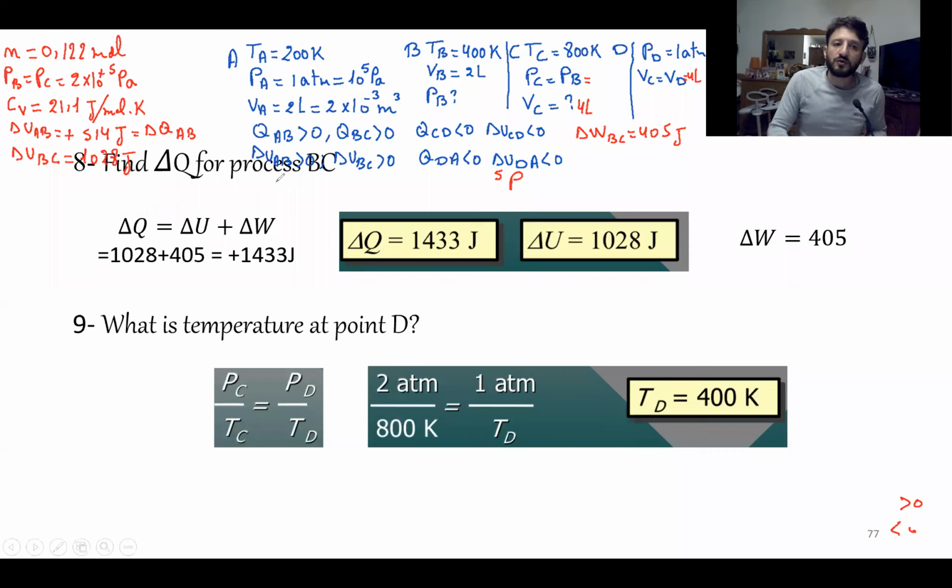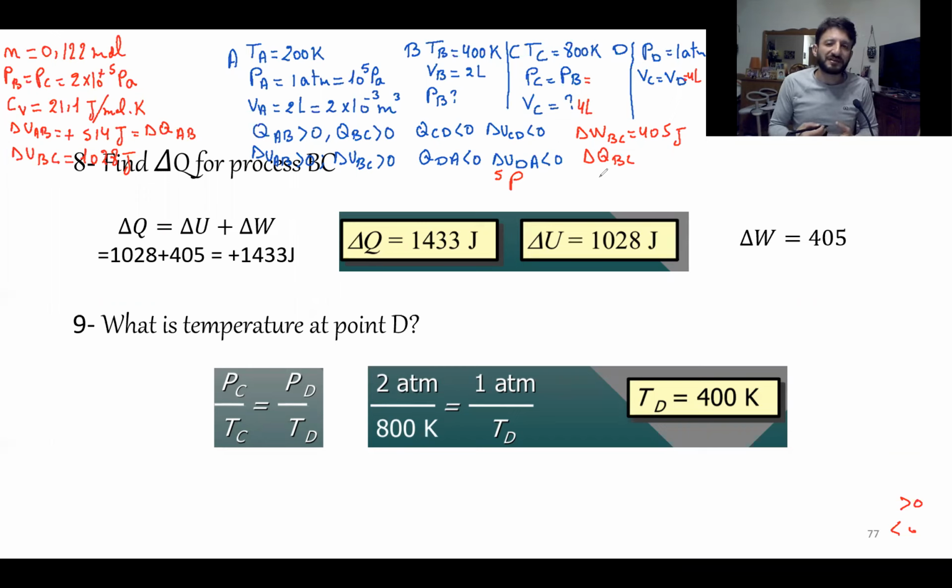Find delta Q for BC. We have to find delta Q BC. You come back to BC. In the case of BC, we can solve the problem. As we have a P constant, you can say n Cp delta T. If you have Cp, you can apply directly.